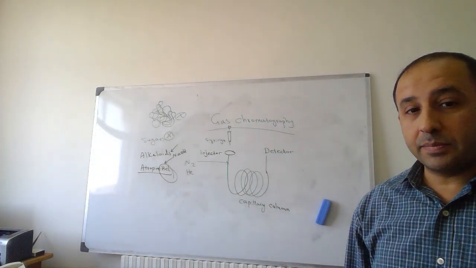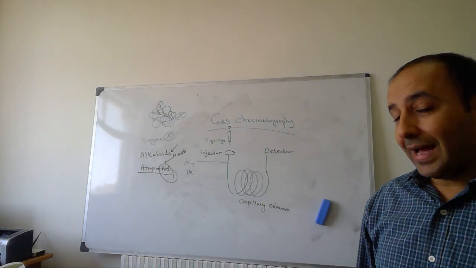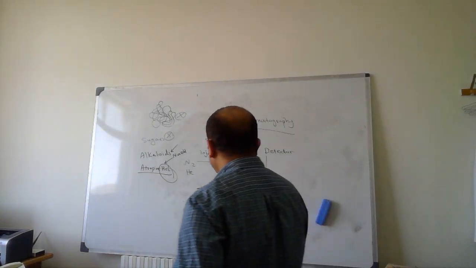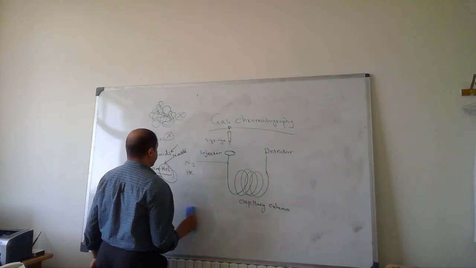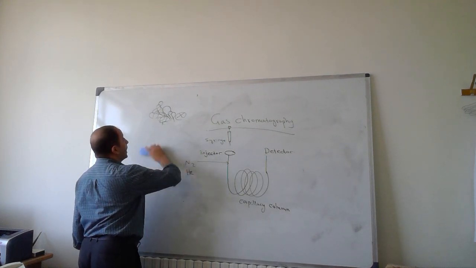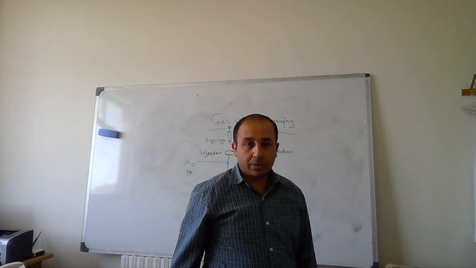In order to get them separated, I can use gas chromatography, but you have to have them in unionized form. This is about the type of the molecule which can be separated by gas chromatography.